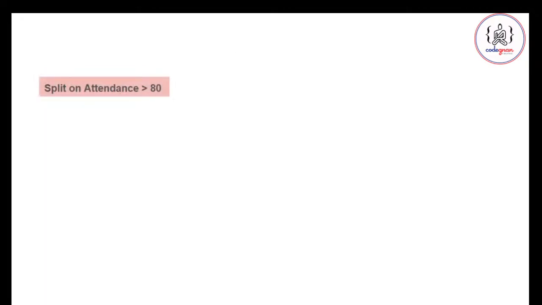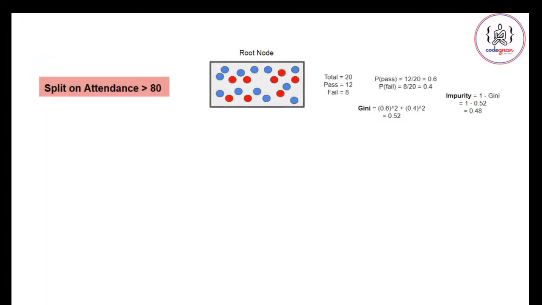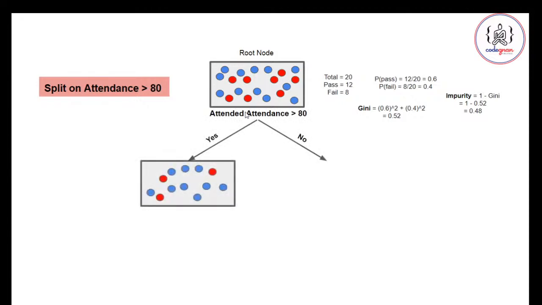All right, so here again calculate this impurity at the root node. We have already calculated it, right, which comes out to be 0.48. We have seen it, and now let's split this. So we have split this on attended, sorry, this is attendance greater than 80.